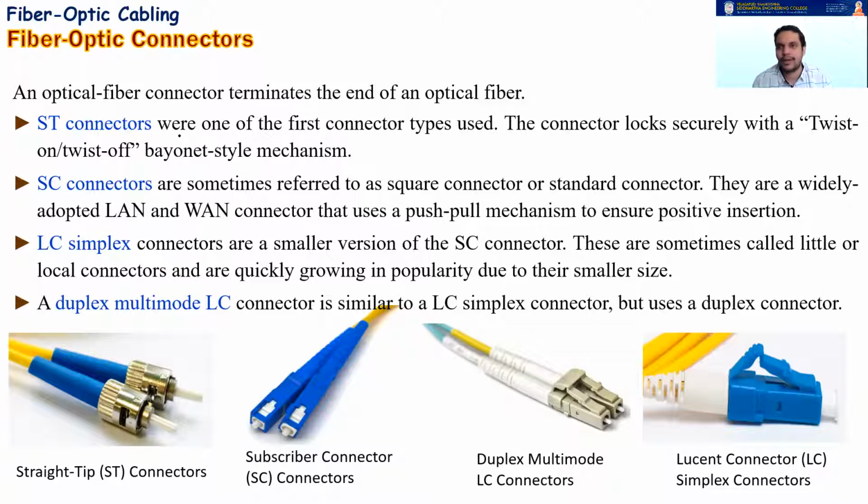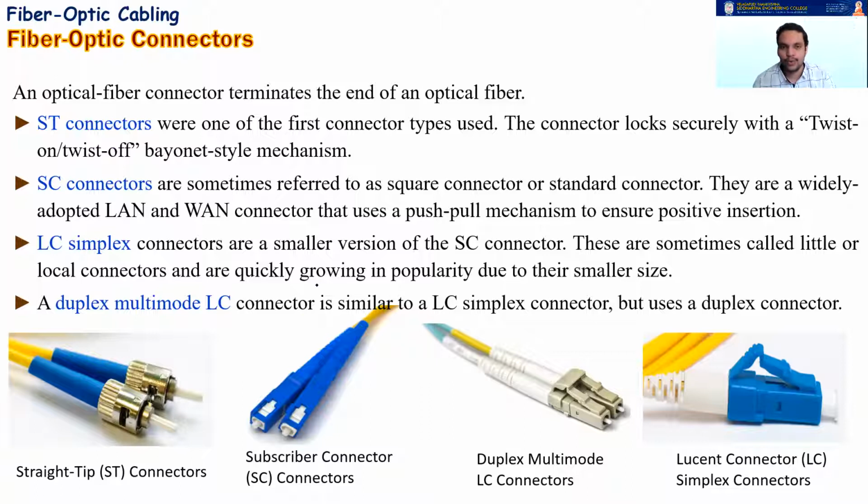The first ones and primarily used ones are your ST connectors, which use a twist on and twist off bayonet style mechanism, just like your BNC connector used for coaxial cables. The SC connectors are sometimes referred to as the square connector or the standard connector. They are widely adopted LAN and WAN connectors that use a push-pull mechanism. You simply push it in, plug it in. And the LC simplex connectors are a smaller version of the SC connectors.